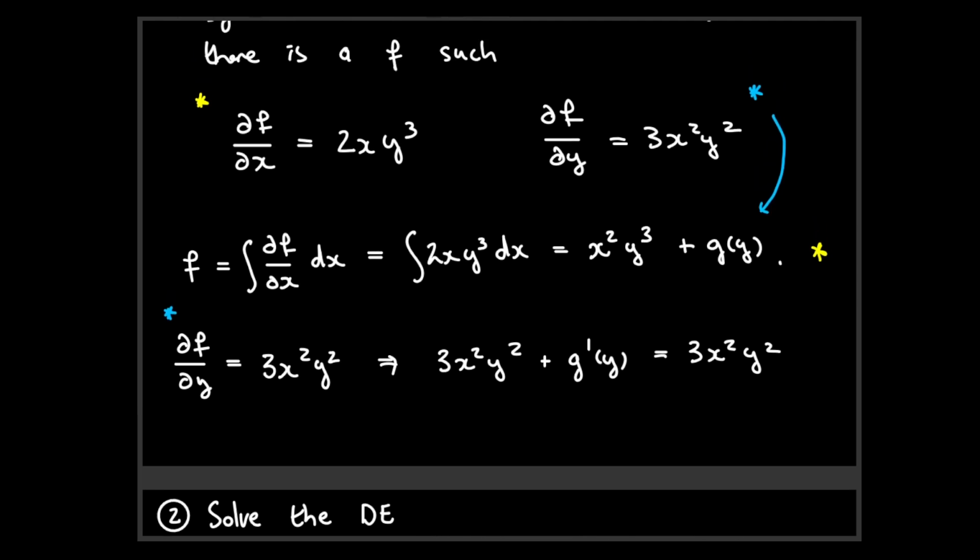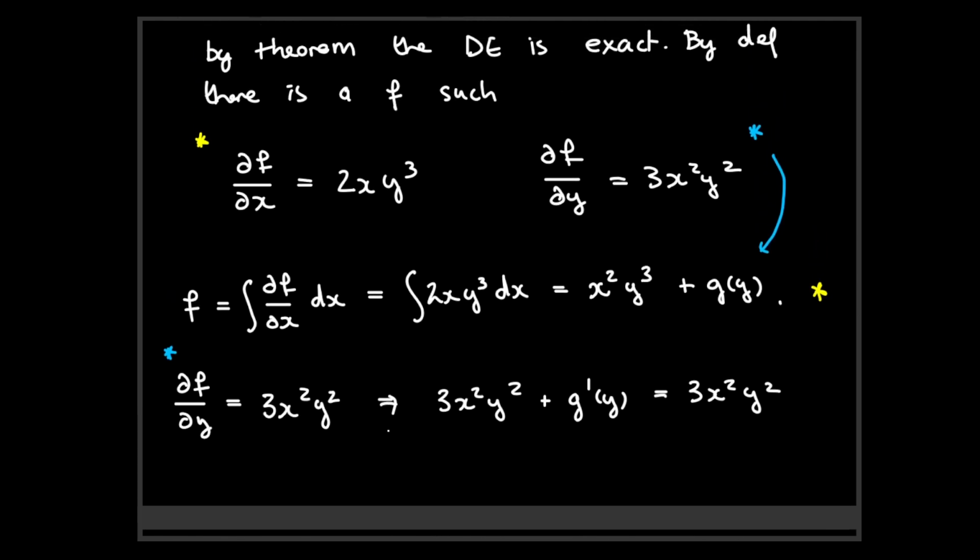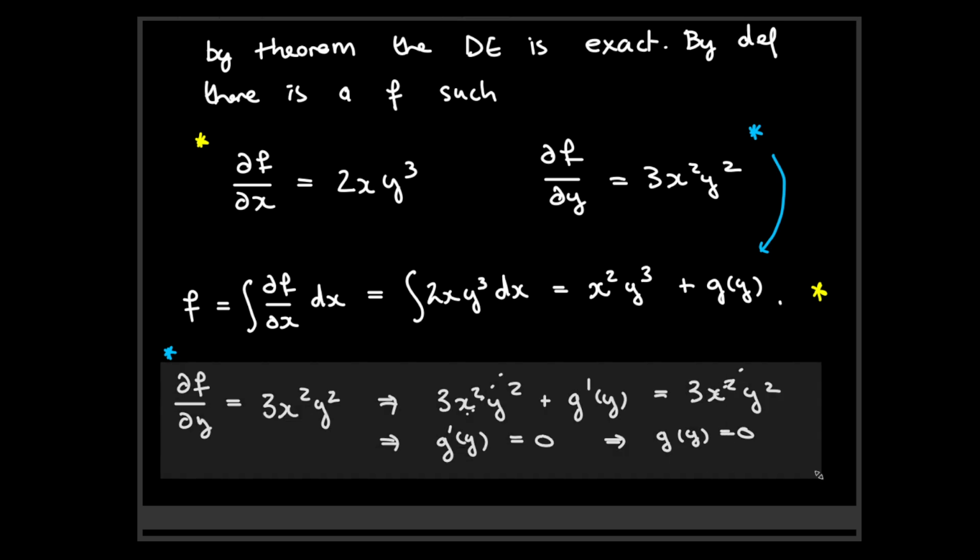This is very nice because everything works out, and we get g prime of y equal to 0, because these two things cancel out. So that means we can take g of y just equal to 0. And so finally, let me just make some space.